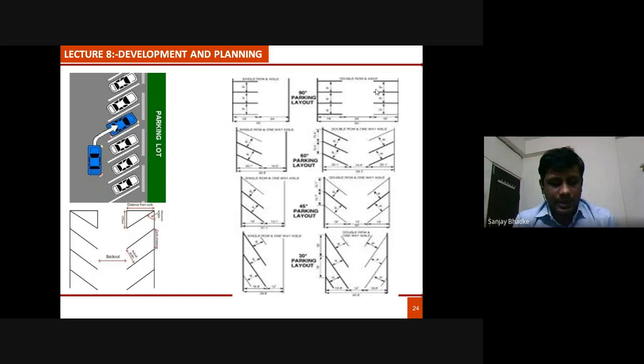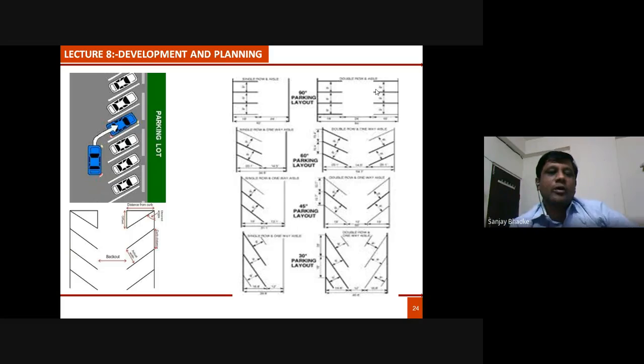Normally there are various types of parking like 30-degree parking, 60-degree parking, 45-degree parking. You can see in this figure they are providing various types of layout. If you are doing the parking this way, we require less space.